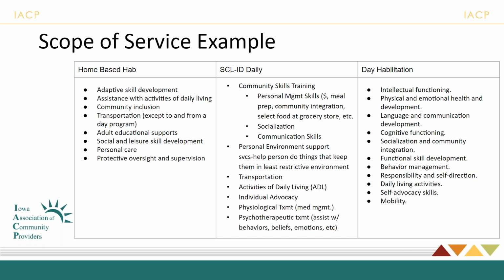We have DSPs who certainly would provide all three of these services, and it's important that they know what each of the service components is. Again, you know your staff better, so if you need to write a definition of what adaptive skill development is, what are some examples of that, you'll want to do that and expand on this document.